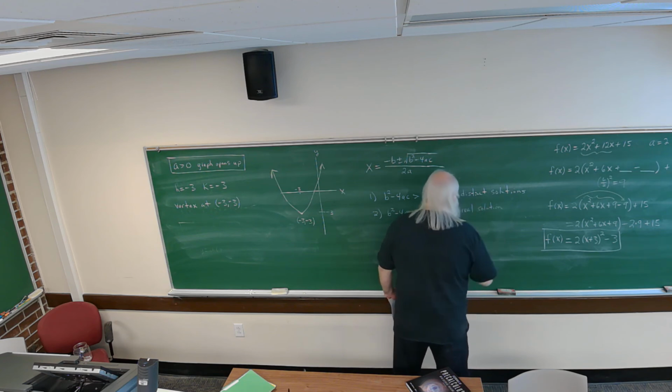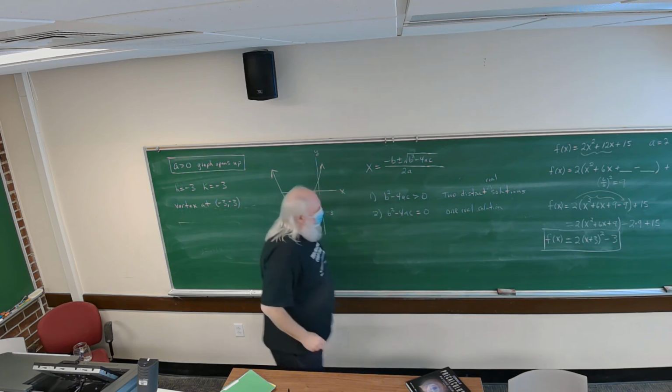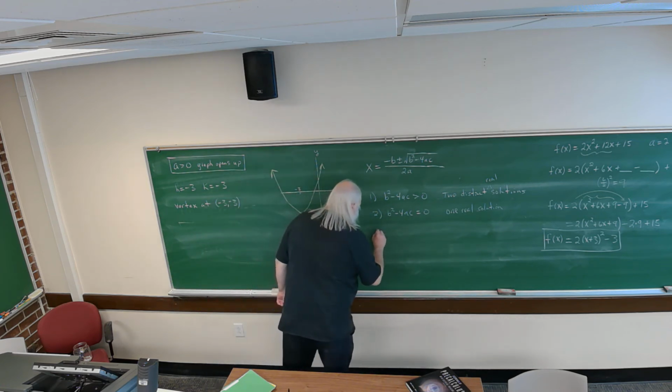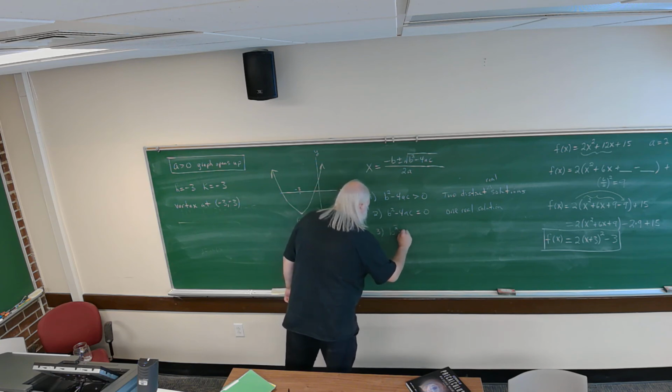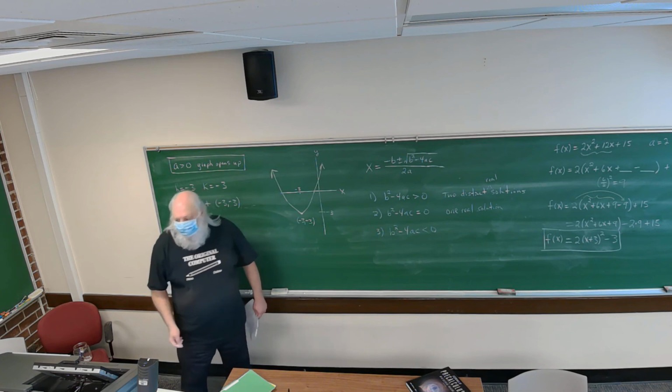Okay. And I should point out, these are two distinct real solutions. And in 3, if the discriminant is negative, well, you know the square root of a negative number is not real, right?